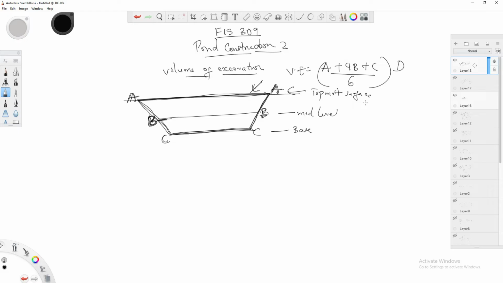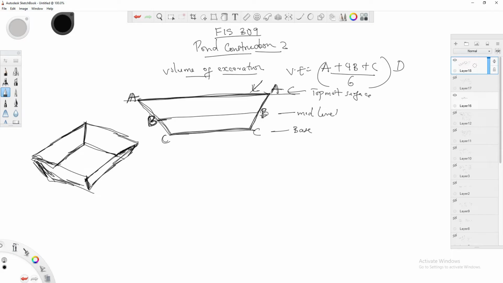Now, in order for us to get the volume to be excavated, we need to know the area. Remember that what I'm drawing out is a 2-dimensional figure. If we look at it from a 3-dimensional angle, it looks something like this, where we have the dike going deep inside.